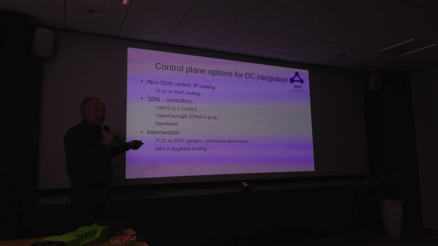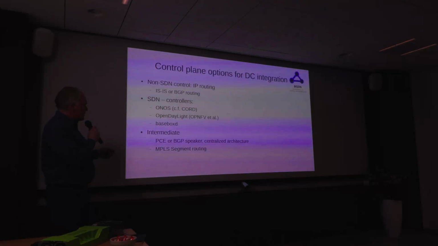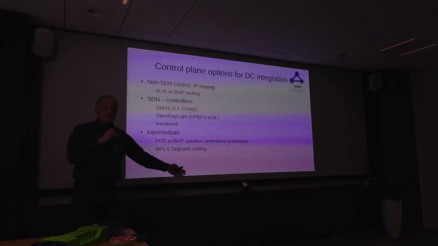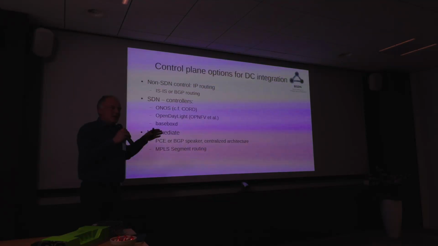And the question is, how does that then integrate into the data center? So ONOS itself has a BGP speaker interface, which has a subset of BGP to then integrate into a legacy control plane. And pretty much the same is true for Open Daylight. I think they are most of the time interchangeable. I think Open Daylight is overall a bit more mature in the code base because they started a bit earlier, and it has a lot more southbound interfaces like NETCONF, like even SNMP and so on.